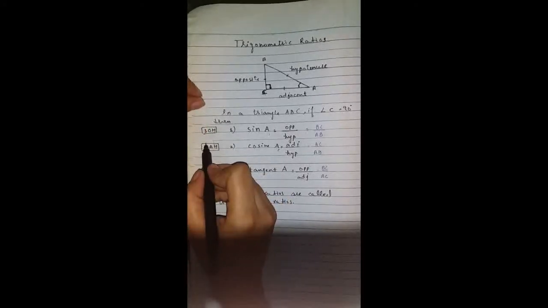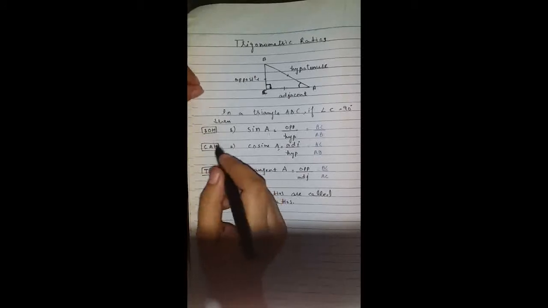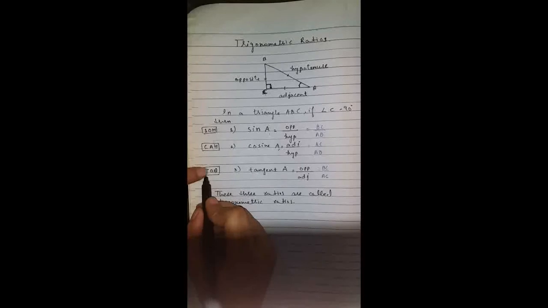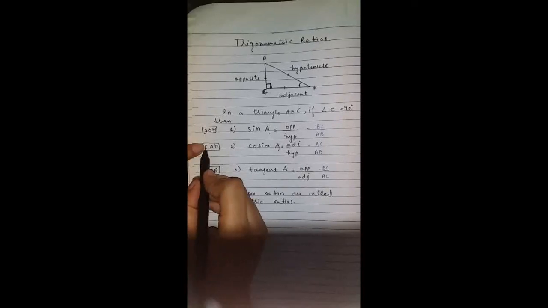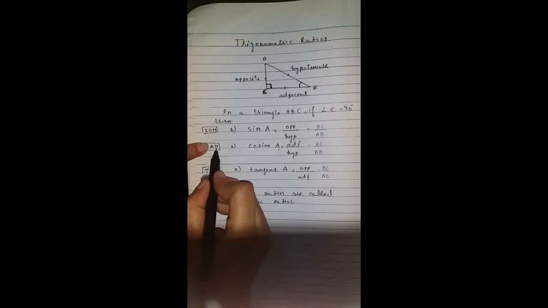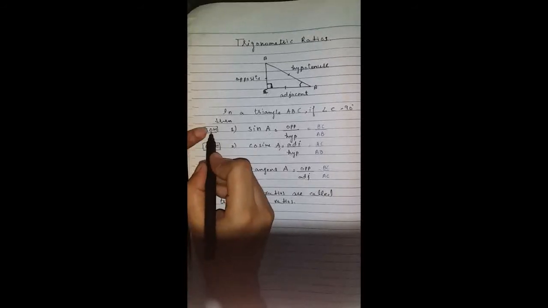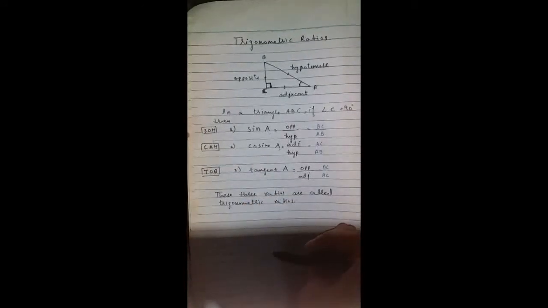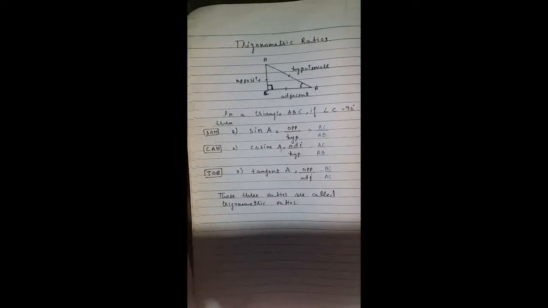Toe, ka, show. By this tip you will remember easily how we use trigonometric ratios. Tan equals opposite divided by adjacent, cosine equals adjacent divided by hypotenuse, sine equals opposite divided by hypotenuse.